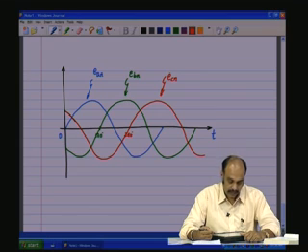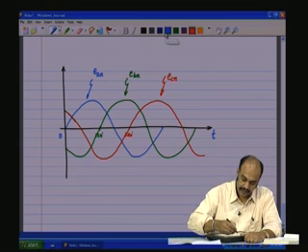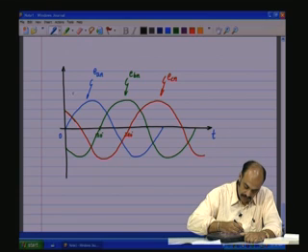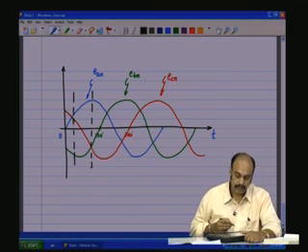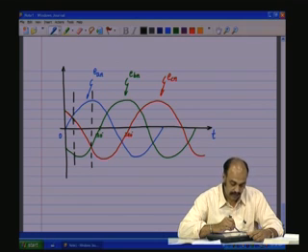So, now if we look at these waveforms, one thing that we observe is that at any section, you can take any section, this is positive, the other two are negative, and here these two are positive and the other one is negative maximum.